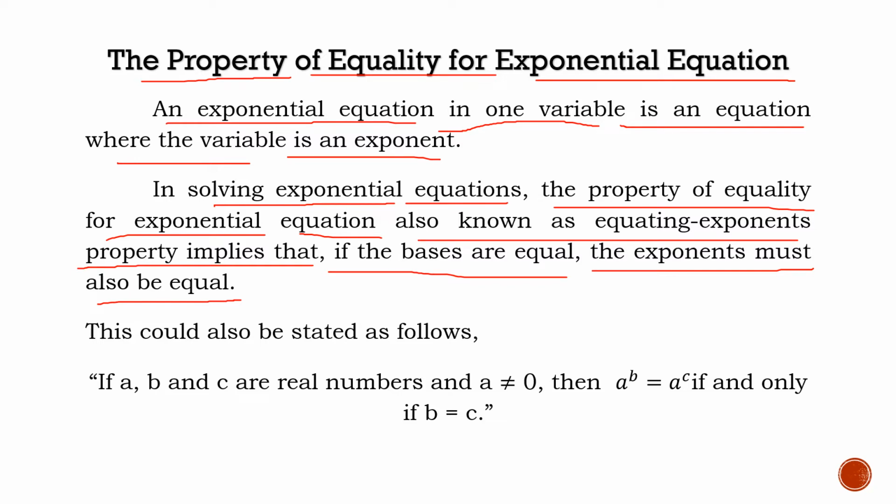If the scenario is that your base 1 is not equal to your base 2, our next move is to convert your base 2 the same way we express your base 1, to make your base 1 equal to base 2.